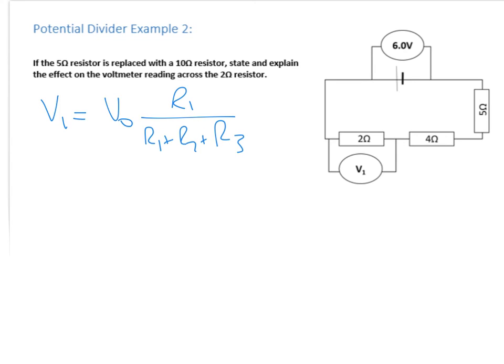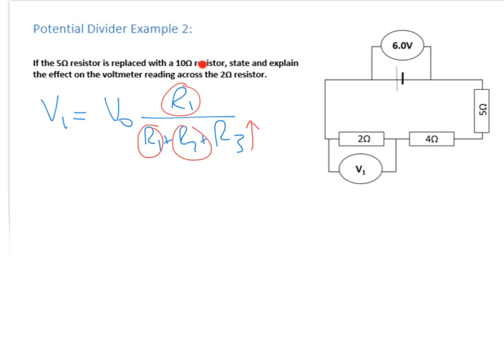So essentially what we've done by replacing 5 with 10, we've increased this R3, whereas this is the same, this is the same, and this is the same. So effectively what we've done is we've increased the bottom line without increasing the top line.